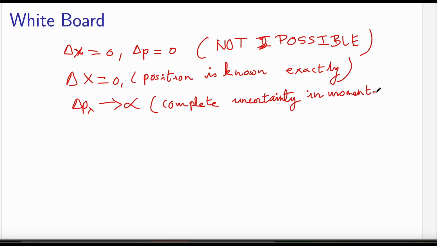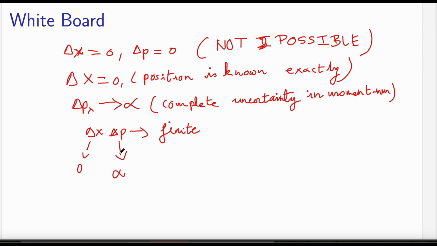Okay. So in this case, what happens? Delta x into delta p is something finite, because this is 0, and this is infinity. So 0 into infinity is something finite. You don't know exactly what it is, it is undefined, but it is finite.